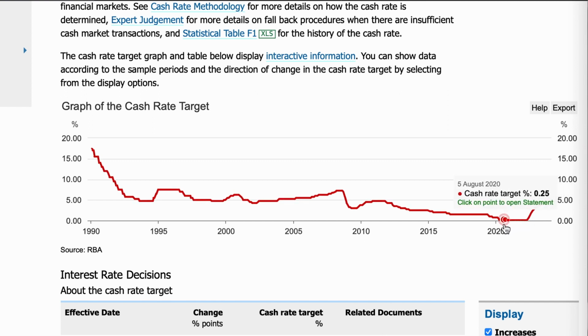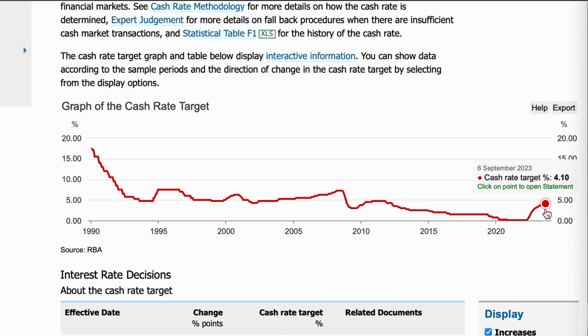And then we went from 0.10% in the space of 12 months. We've gone right up to the 4.1% that we're now sitting at.